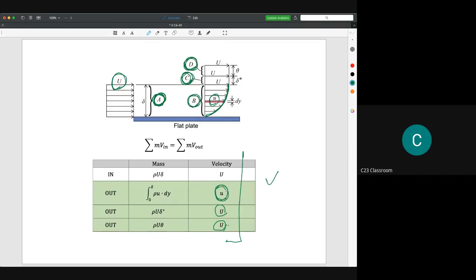You already know that to determine the total mass for the velocity distribution here, we need to use integration. So we write it as the integral of rho u dy. We use u here as the small u, and the integration limit is from 0 to delta, because the limit here is y equal to 0, and here we have y equal to delta.